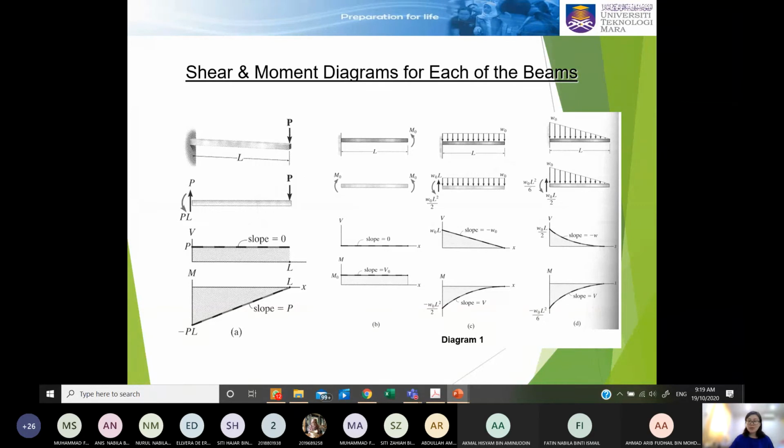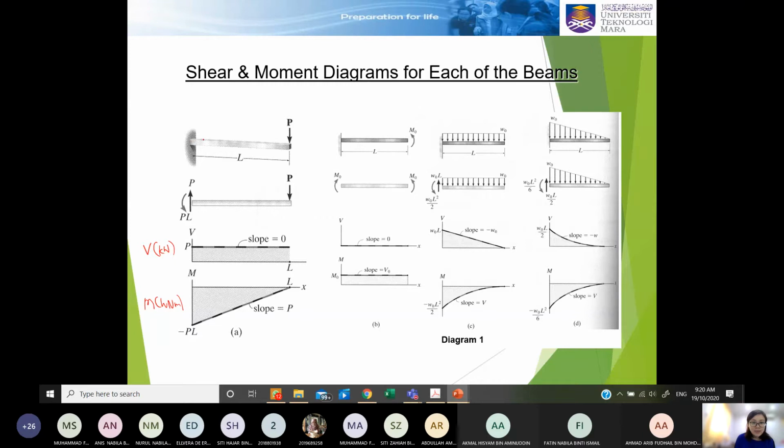Okay, so I will maybe spend another 2 minutes on this. If you look at a few very popular cases, these are the shear force diagrams, and these are the bending moment diagrams.